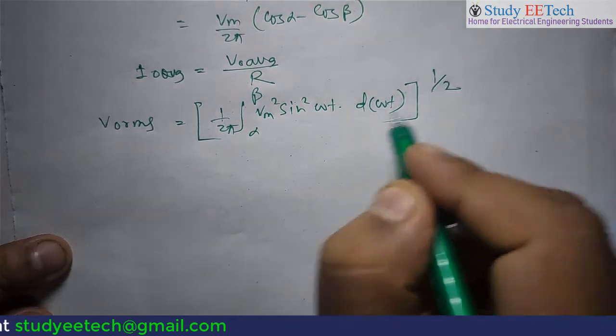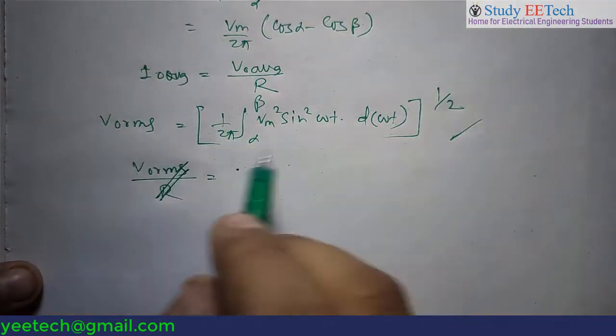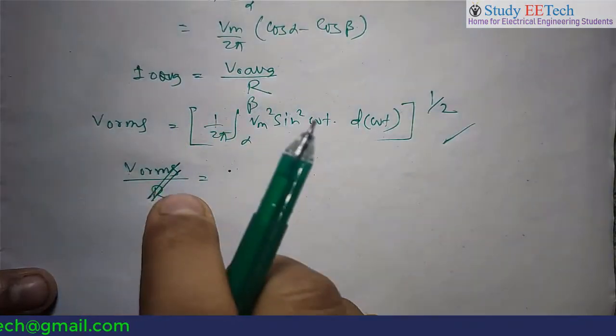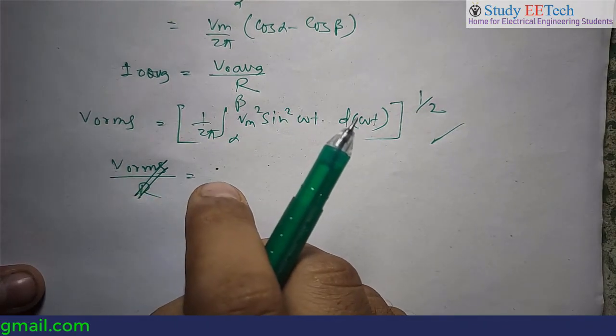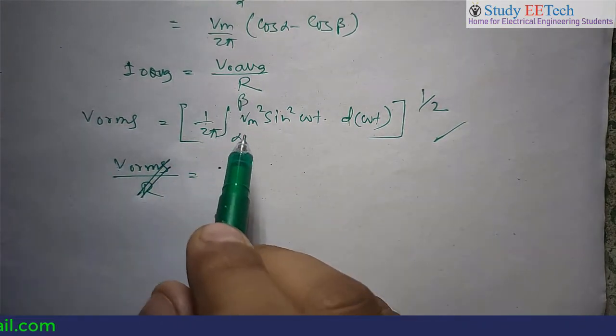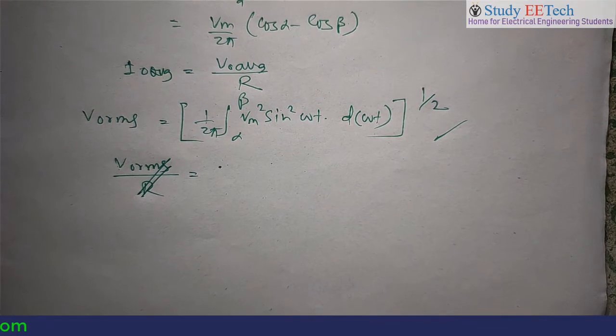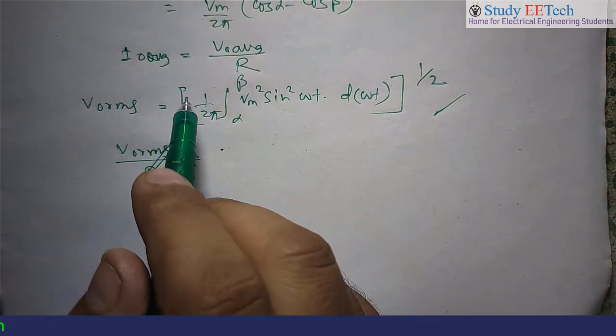So this is the mathematical analysis for the half wave controlled rectifier with inductive load, a resistive inductive load.